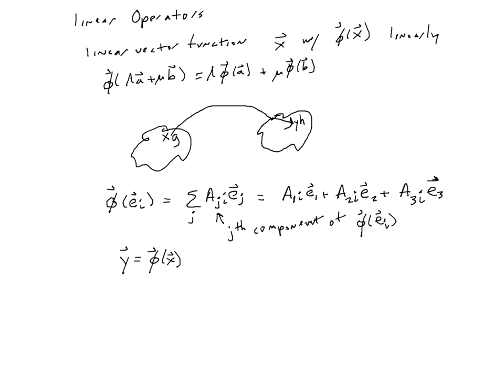So in other words, I put in the vector x into this linear function phi, and I get the vector y out. Now y is equal to phi of the sum over i of x sub i e sub i.